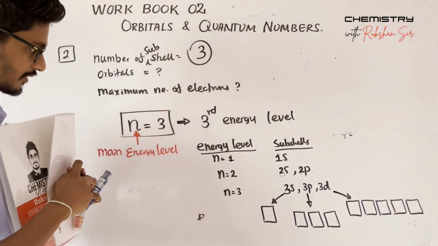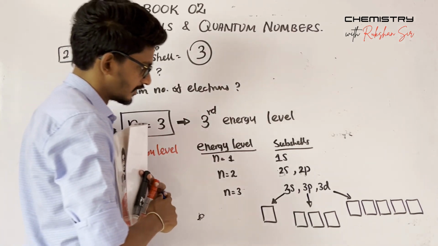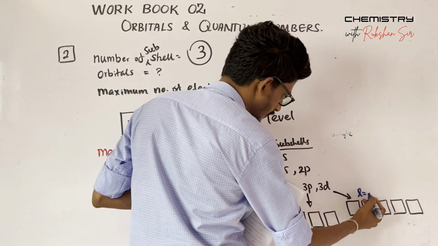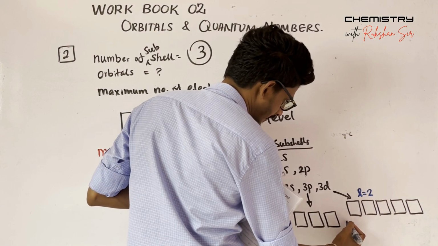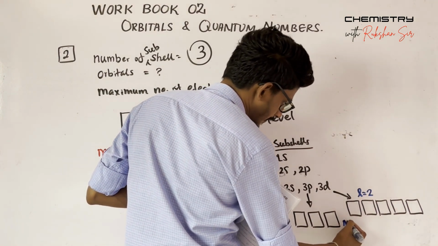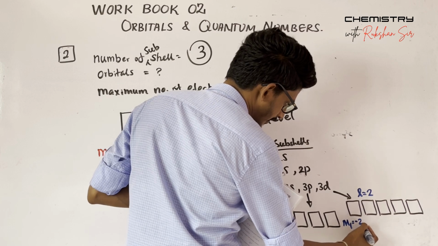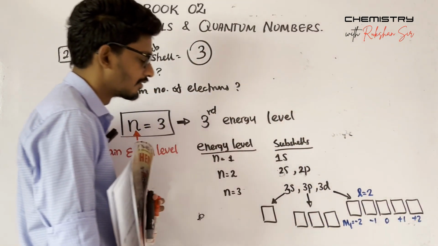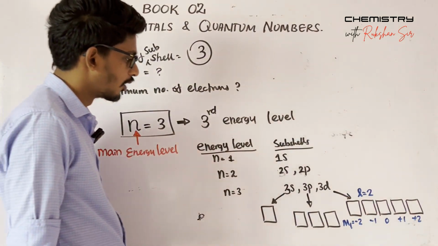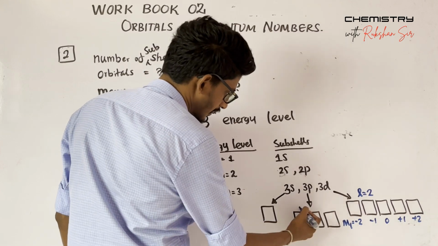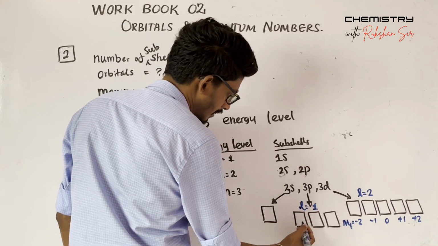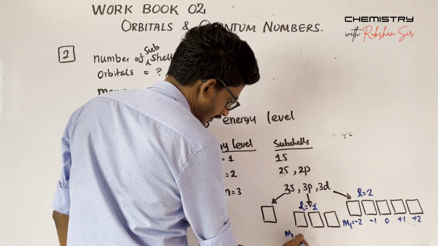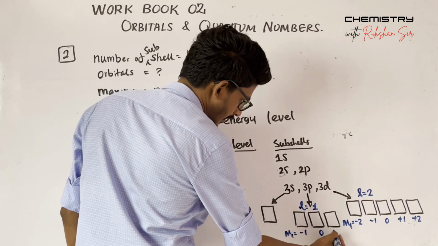So that is the idea. This is L equals 2, so you have 5 ml values. The ml possible are -2, -1, 0, +1, +2. The ml values are the ones which give you the orbitals. When L is equal to 1, you have 3 ml values: ml is equal to -1, 0, and +1.